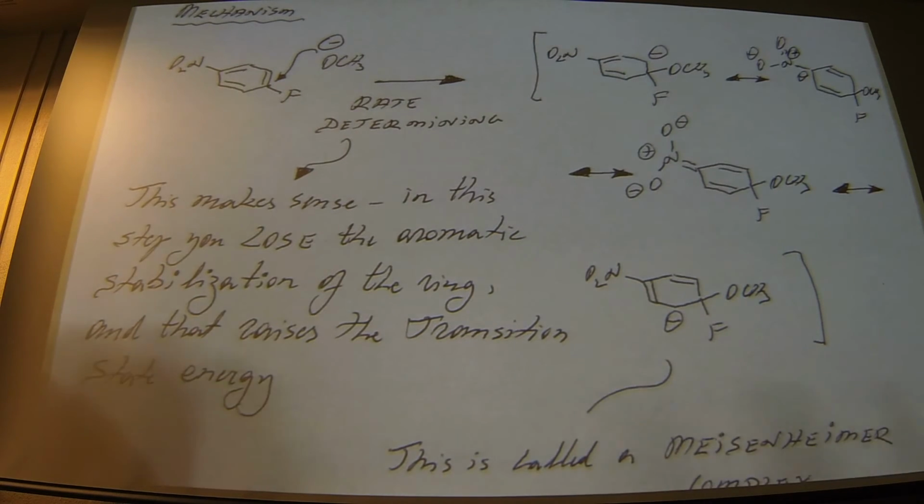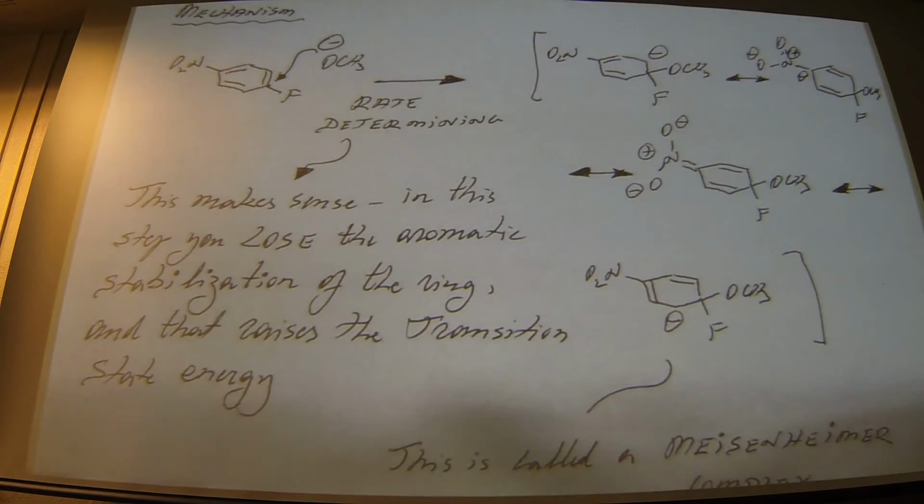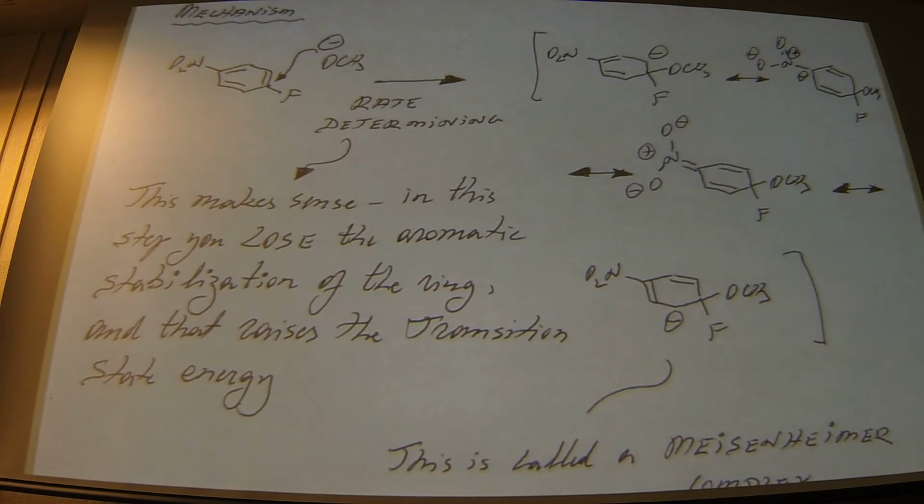And so the fluorine is actually helping out. And it helps out by lowering the energy of the transition state just through an inductive effect. It does that better than chloride because fluorine is more electronegative than chlorine. So that's why the fluorides react faster than the chlorides.